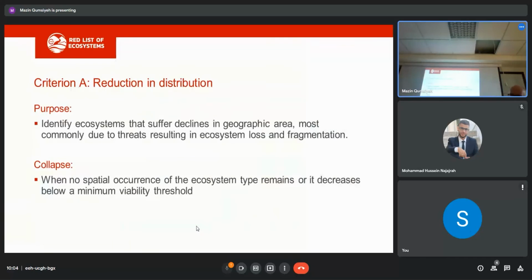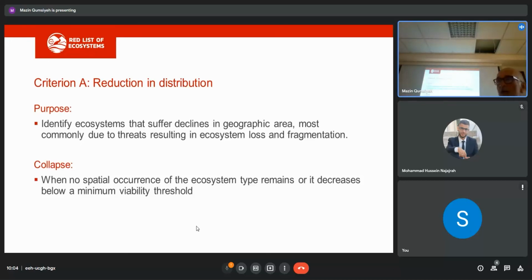So a quick glance at these criteria. There are also many tutorials if you want to go in depth to undertake an ecosystem assessment. So criterion A is reduction in distribution. It's the area covered by the ecosystem.